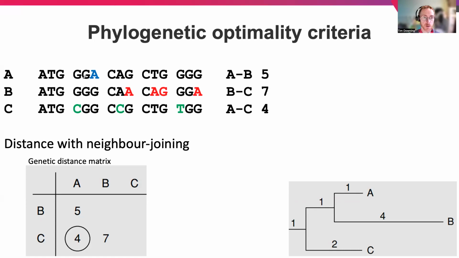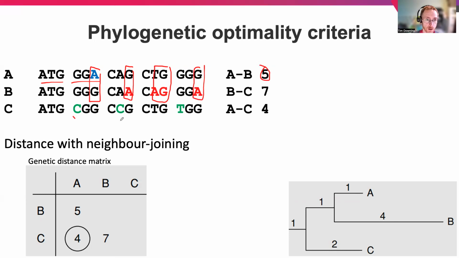So an example is given here, where we have ATG, GGA, there's a change there for A and B, another change here for A and B, 2 sites that change here, and therefore another one here, and that gives us 5 differences.